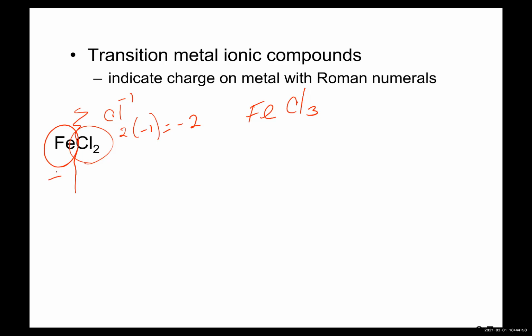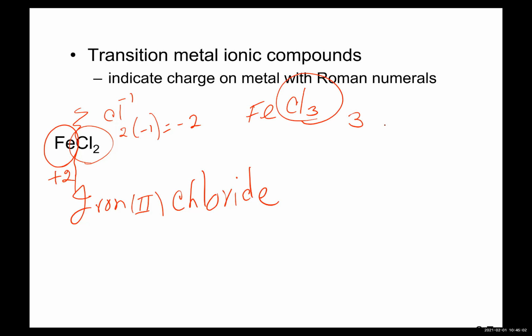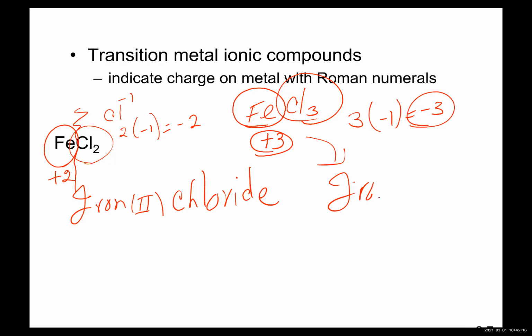So the charge of iron is +2. So can I call this iron(II) chloride? But in here, I have 3 chlorine, so 3 times -1, -3 for chloride. So the charge of iron must be +3, which added to -3 is 0. So I'm going to call this iron(III) chloride. Again, this is a review of what we have had before.